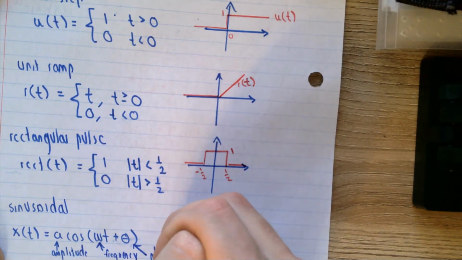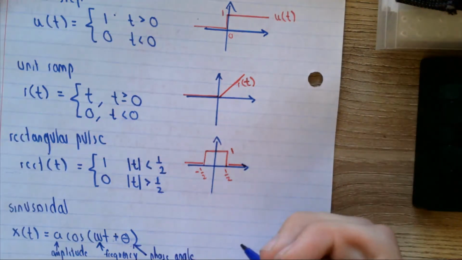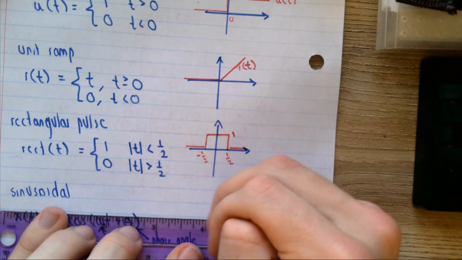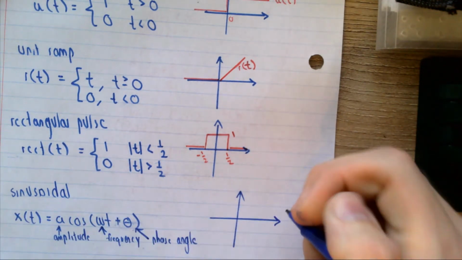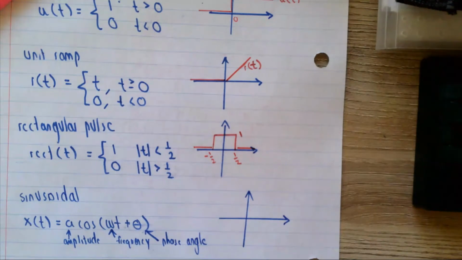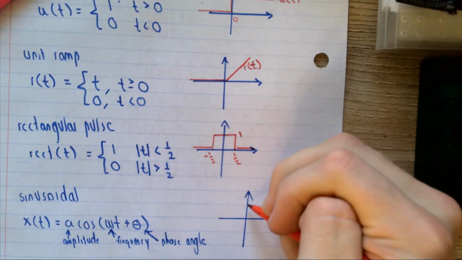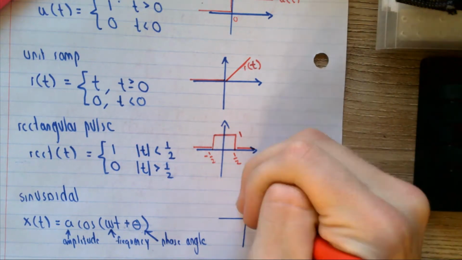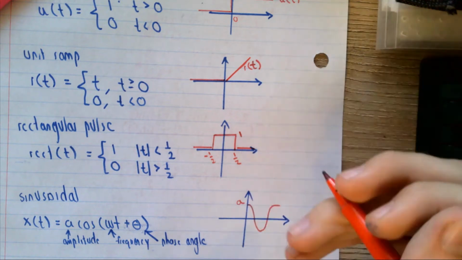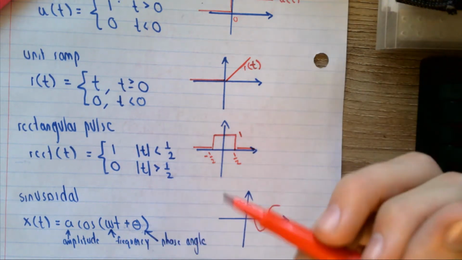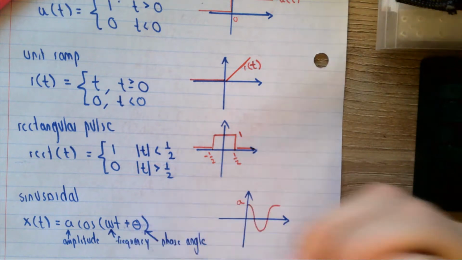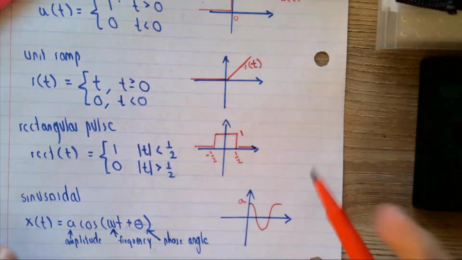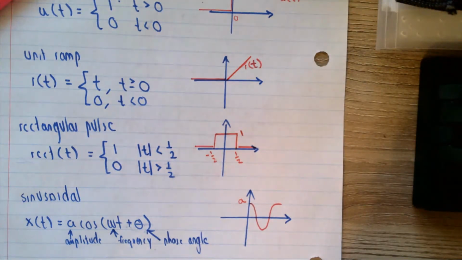If we look at the graph, because we have the cosine here, A is how high our amplitude is, the phase angle says if it's shifted over by any amount, and the frequency determines what the period of the cosine is going to look like, because the frequency is the inverse of the period.